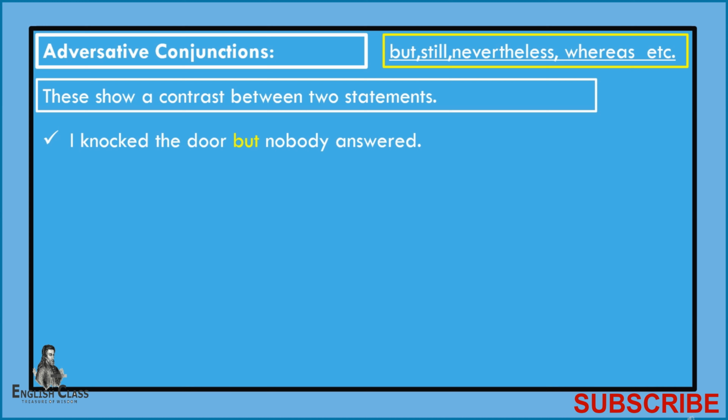Here I knocked on the door, nobody answered. These two are different. These two are showing contrast. So we can make these kinds of statements with the help of but. So the contrast, the difference between two statements, is shown by these adversative conjunctions.